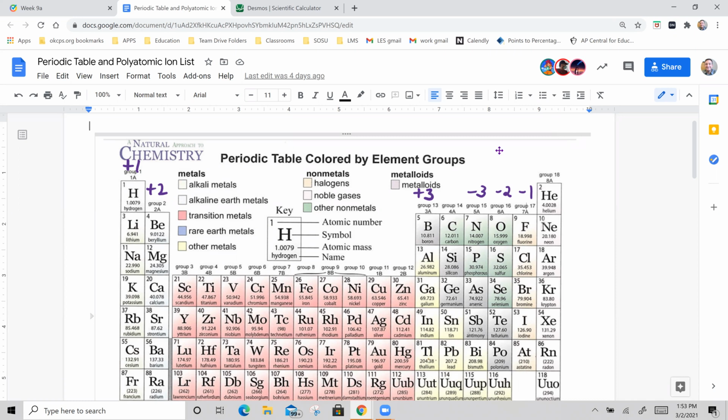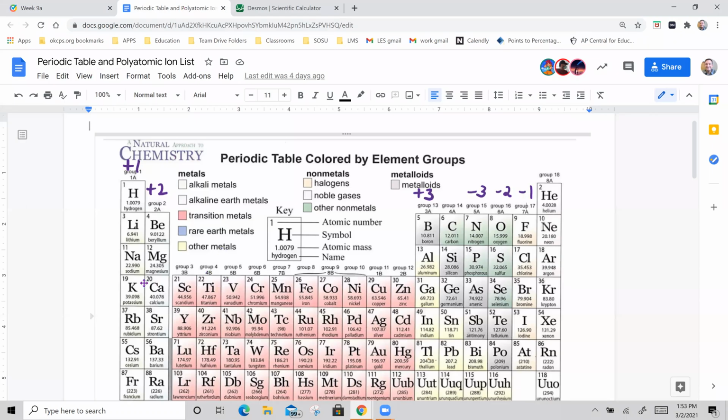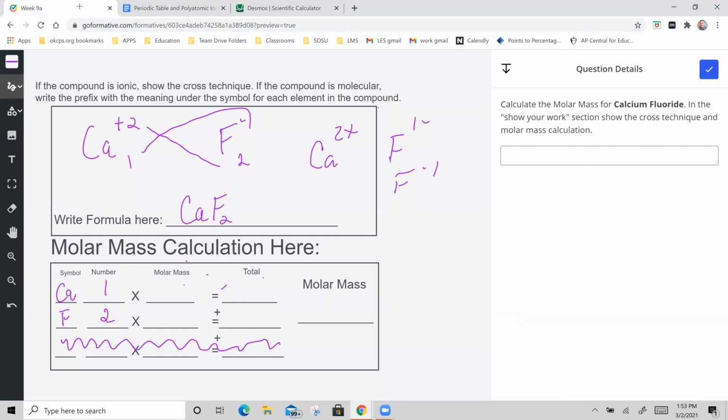But what I was saying is when you have the atomic mass expressed in grams, that is the mass of 1 mole of that element, 1 mole of atoms, or 6.02 times 10 to the 23rd atoms of that element. So for calcium, the molar mass, or the mass of 1 mole, is 40.078 grams. So we're going to plug that in, 40.078 grams.